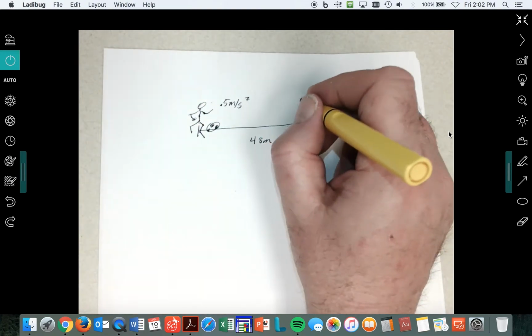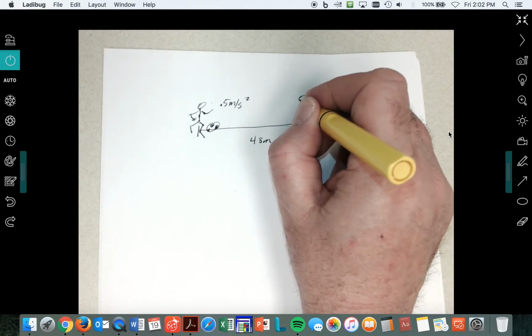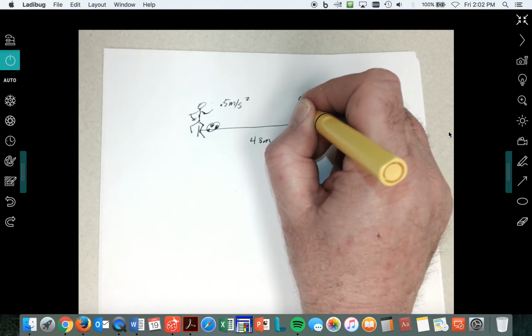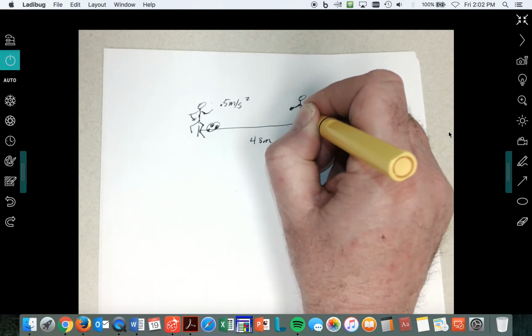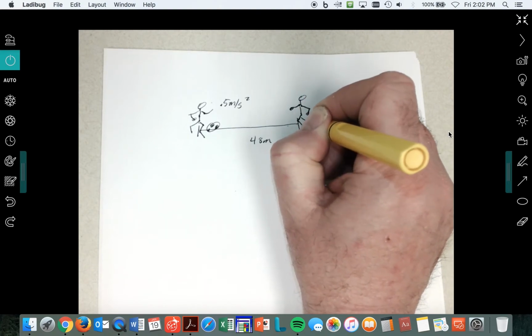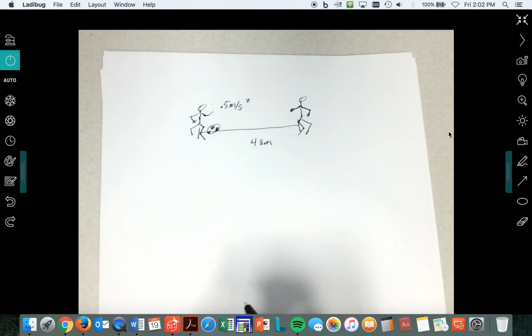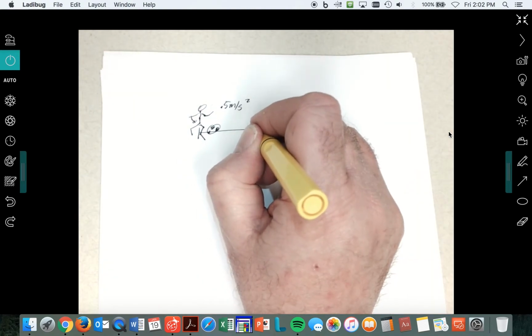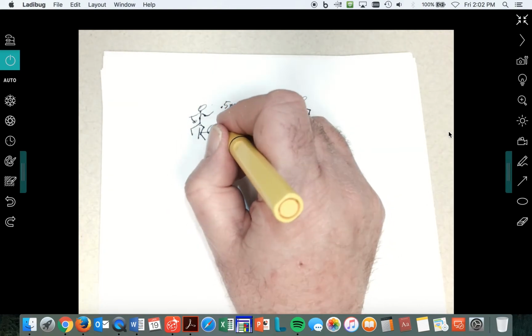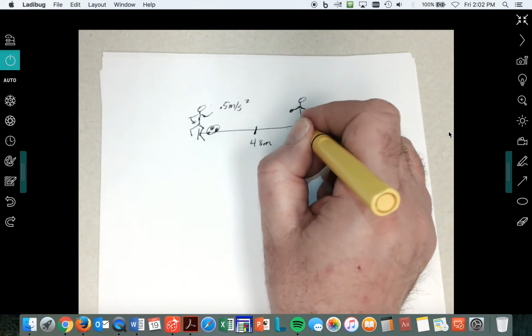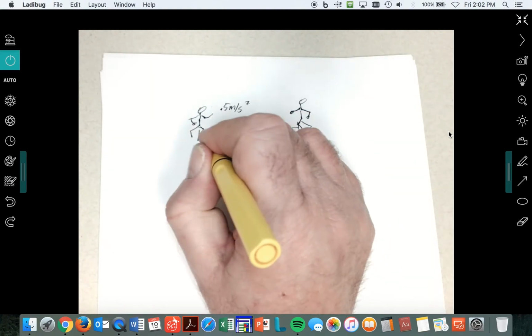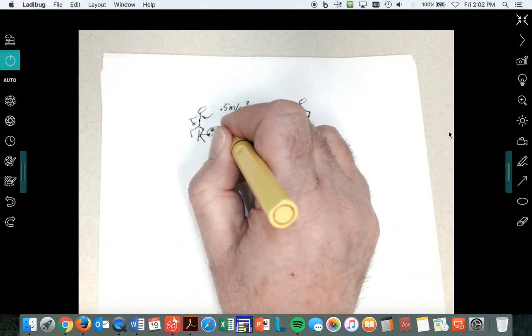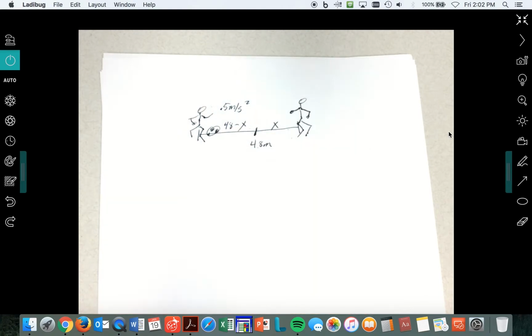The other soccer player is running the other way, 0.3. Now then, they're going to meet somewhere here. So that distance from this soccer player is x, and this distance from this soccer player is 48 minus x. That's kind of the trick to the problem.